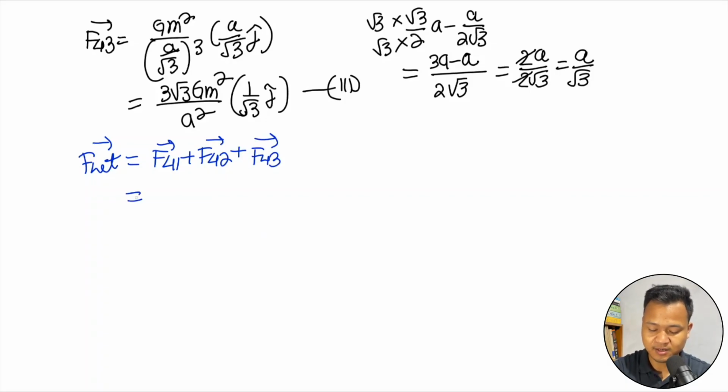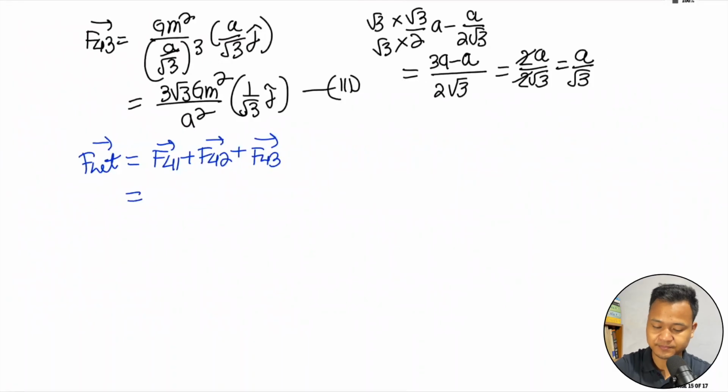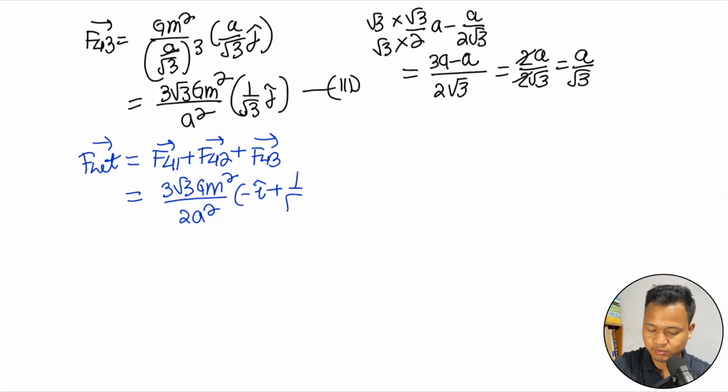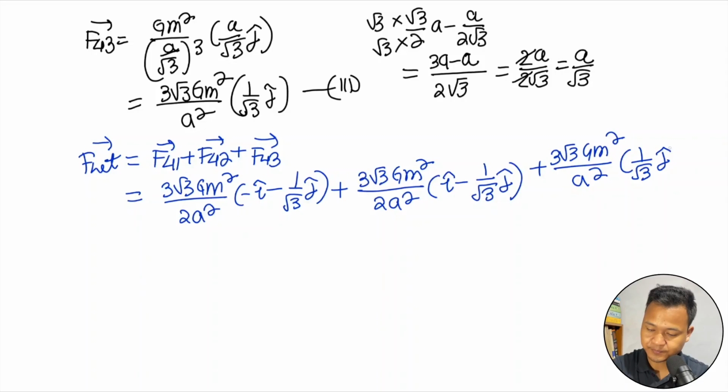Writing each force out: 3 root 3 Gm squared by 2a square times (minus i plus 1 by root 3 z), plus another 3 root 3 Gm square divided by 2a square times (i plus 1 by root 3 into z), and the last one is 3 root 3 into Gm square divided by a square times 1 by root 3 into z.